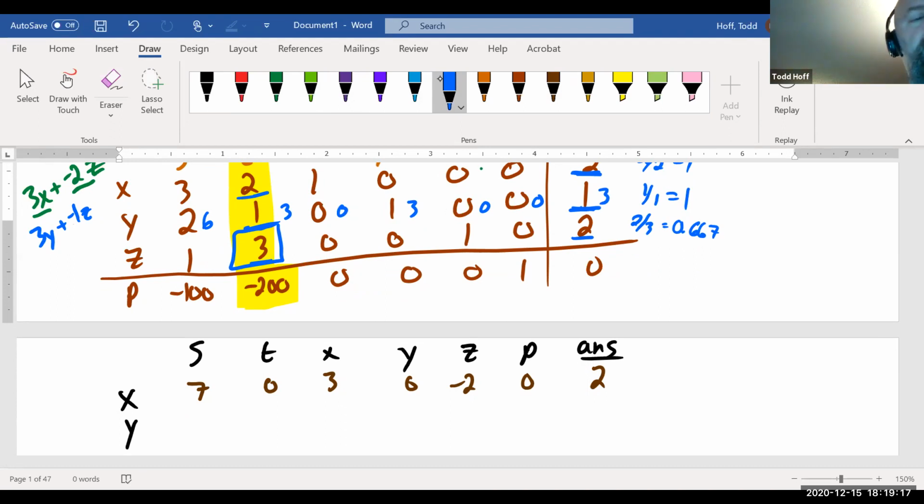So I just multiplied every entry in row Y by 3. Then, of course, row Z, I'm going to multiply by negative 1. So this is negative 1, negative 3, 0, 0, negative 1, 0, negative 2.